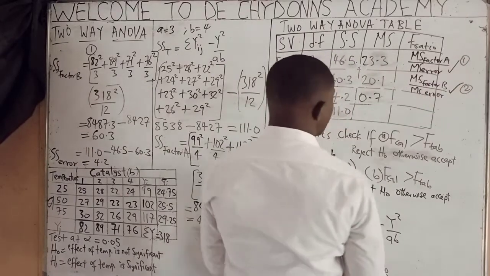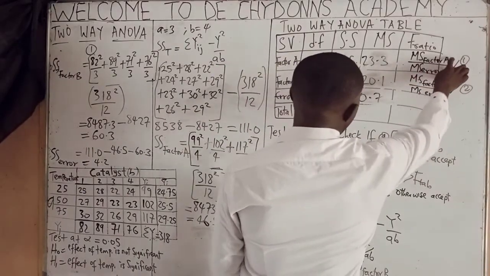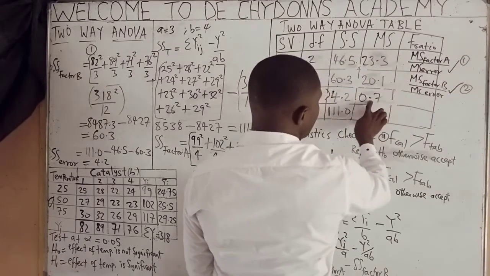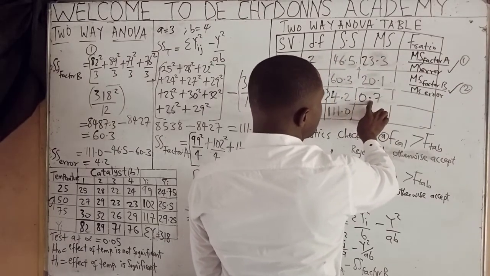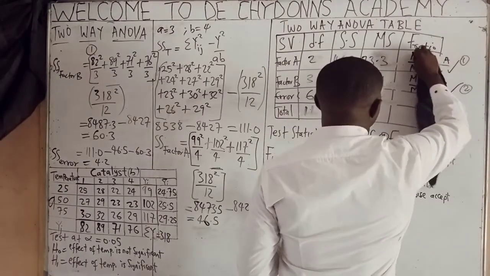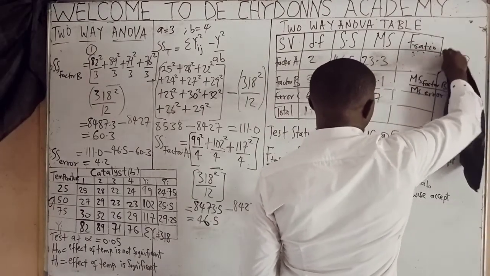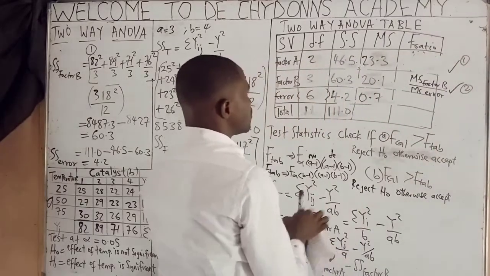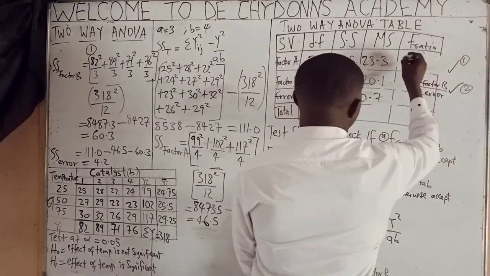Now to compute this, MS factor A over MS error, this over this. If you divide 23.3 by 0.7, it will be giving you 33.3.